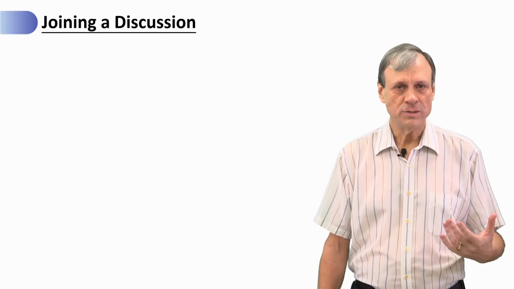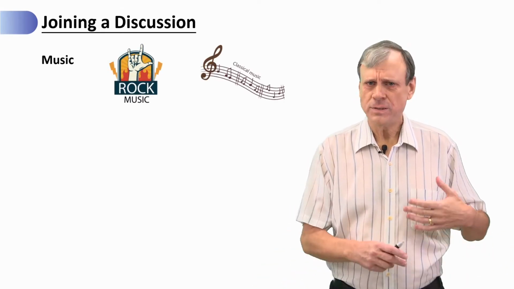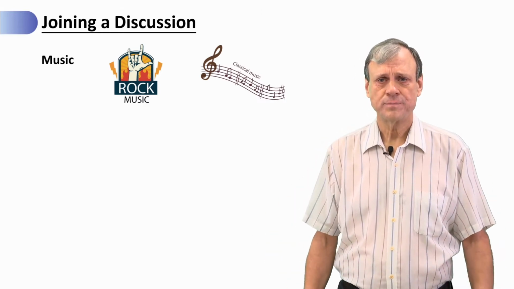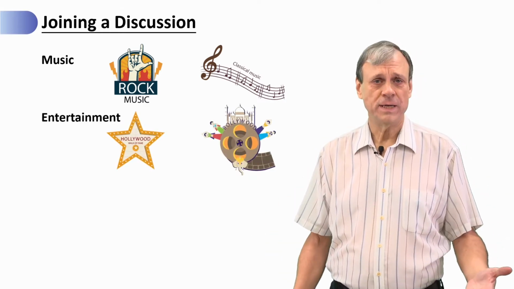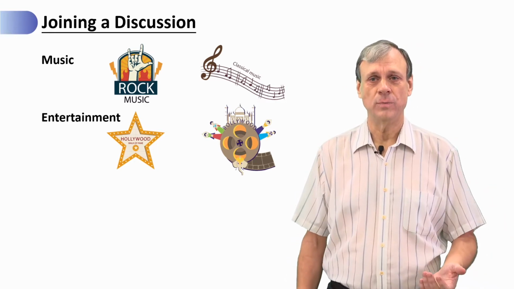So if you want to join a discussion, any kind of discussion, you need to know something about the topic. For instance, if you want to talk about music, there's a totally different vocabulary for rock music versus classical music. Different artists, different composers, different instruments, everything. If you want to talk about entertainment, there are different actors, different films in Hollywood and Bollywood.